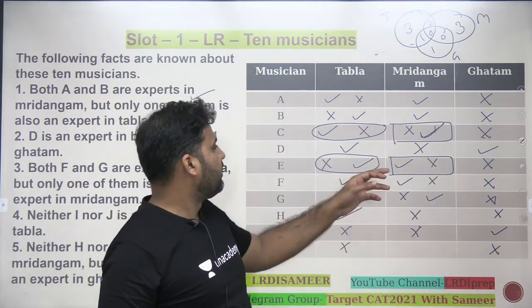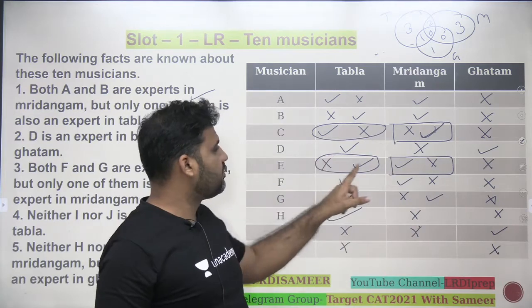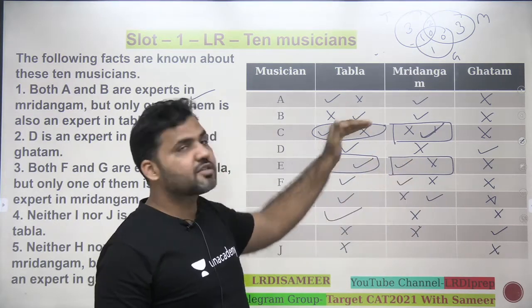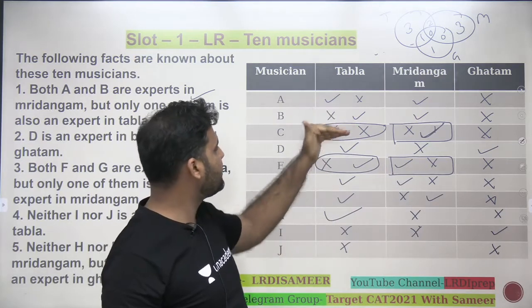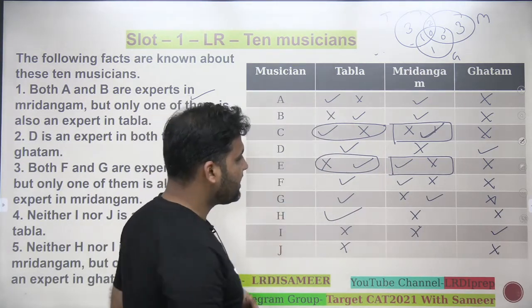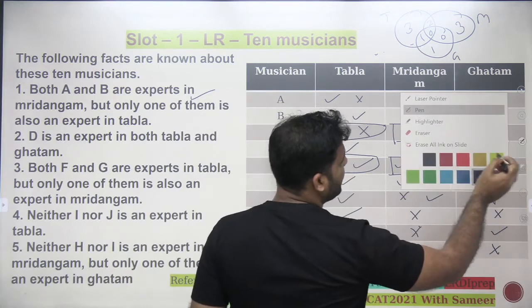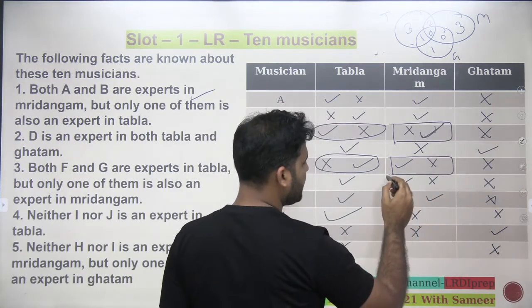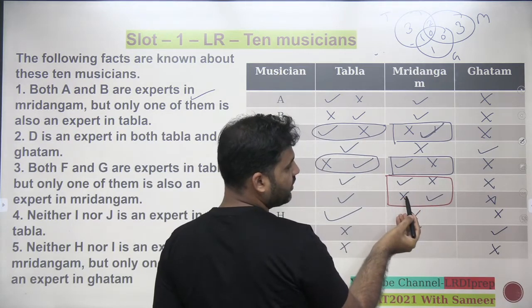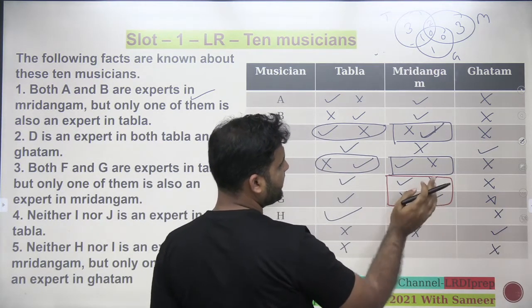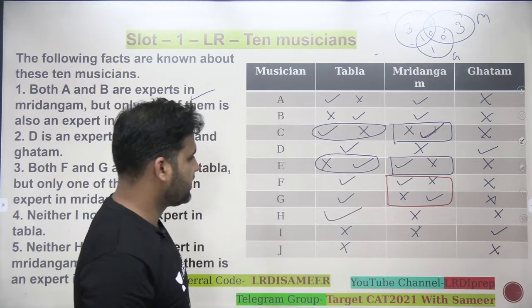Because I'm looking for one person playing both of these two instruments. That can be either C or E. And one person playing only tabla, again that can be C only or E only. And then we also have an interconnection between these two conditions. Let me show it with a red color. If you're placing a tick mark here, it will be a cross here. If you're placing a cross here, it will be a tick mark here. We have already written down here.